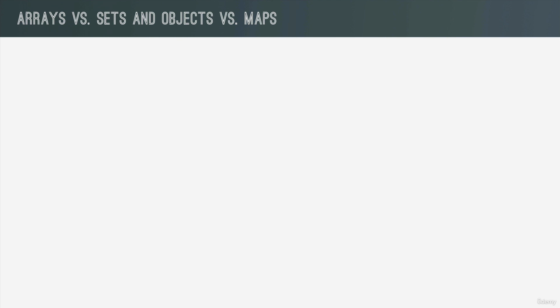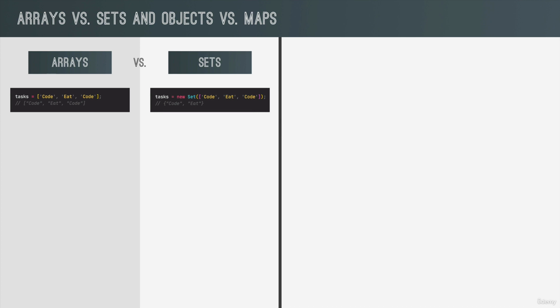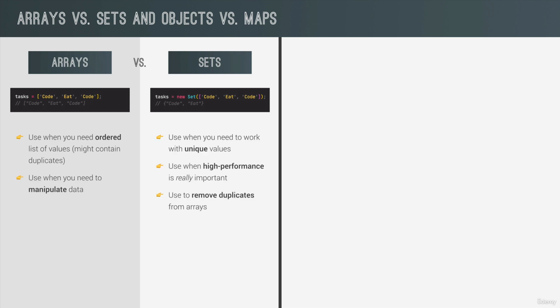So you already know at this point how to use all of them, but it's important to know when to use them. So starting with arrays versus sets, we already know that we should use them for simple lists of values when we do not need to describe the values. Now, you should use arrays whenever you need to store values in order and when these values might contain duplicates.